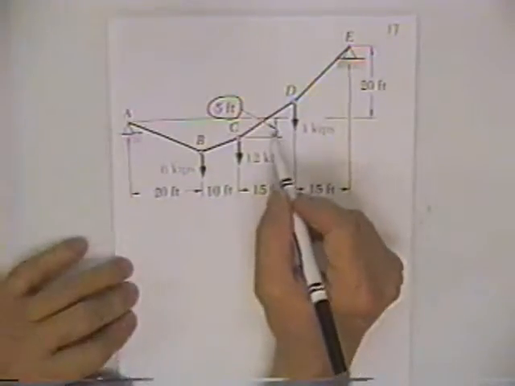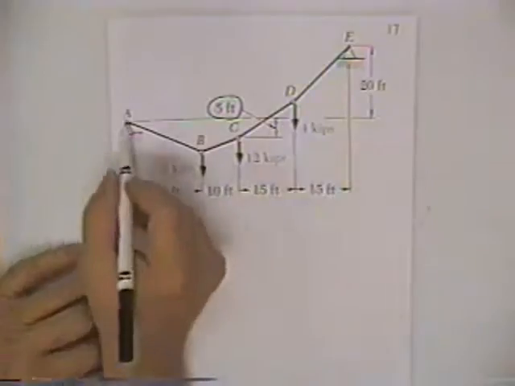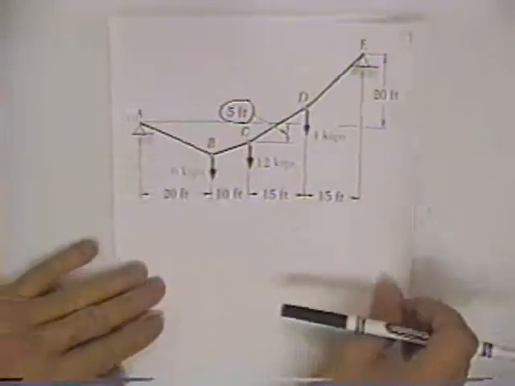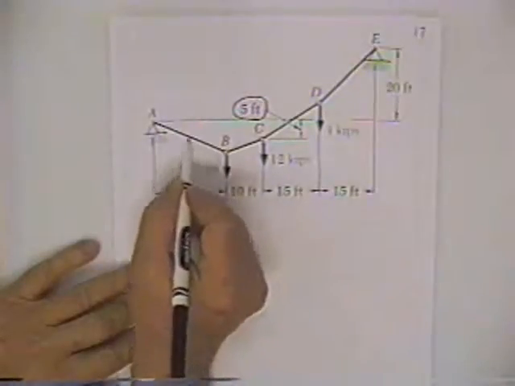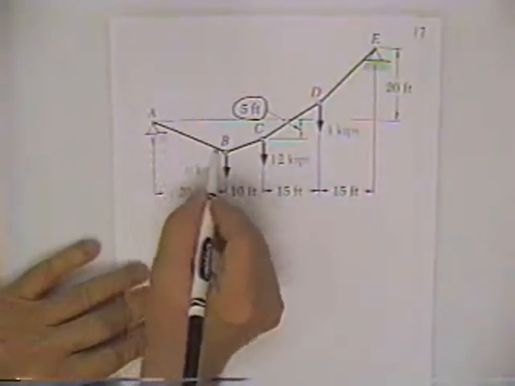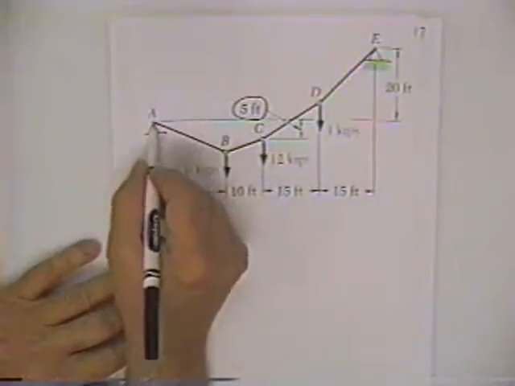Now, this set of forces causes a pull on A, and that pull on A is directed along the axis of AB.